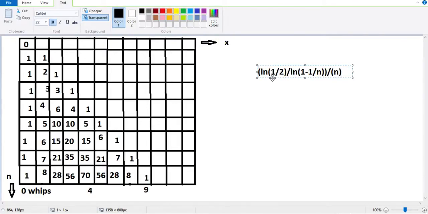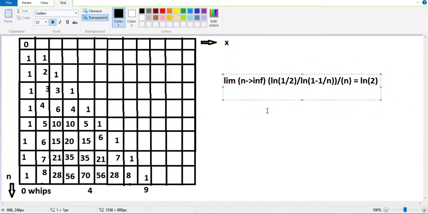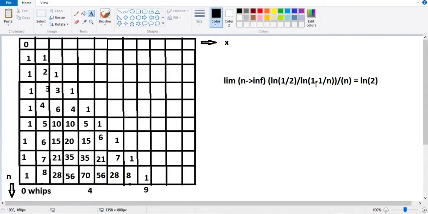And then let's just say limit as n tends to infinity of this equals ln of 2. I haven't been able to do it properly because somewhere in here you divide by ln of 1 minus 1 over n, which is like f of g of h of x, and I don't know how to derive that properly.